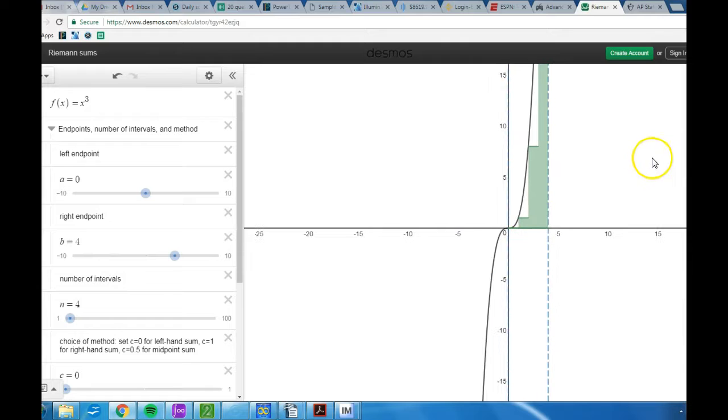So this is what your drawing should look like for LRAM 4. Just the general idea. The hardest part is probably that your first rectangle should not exist, because your first rectangle has a height of 0, right? And then you got these 3 that just get bigger and bigger.